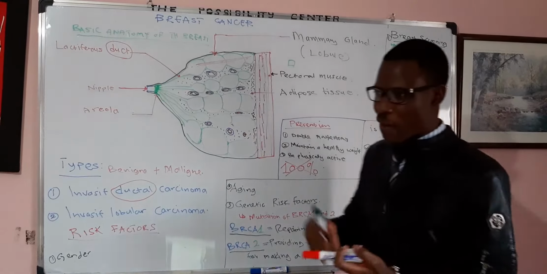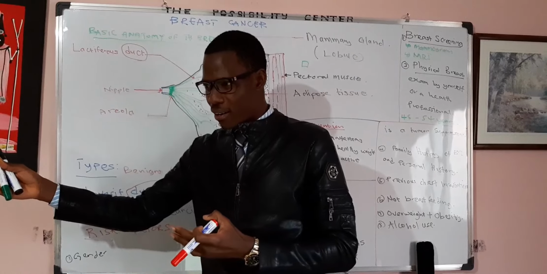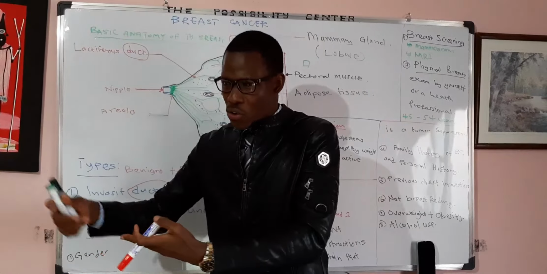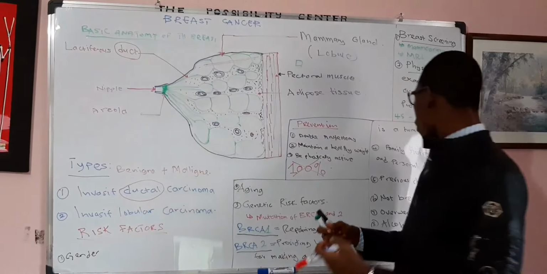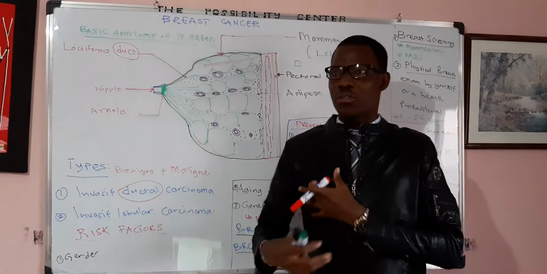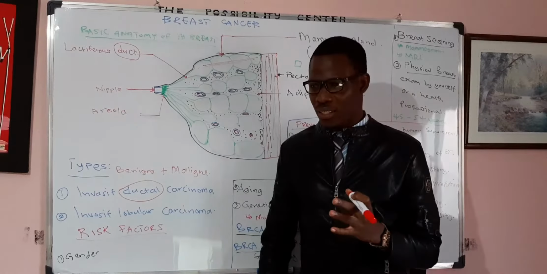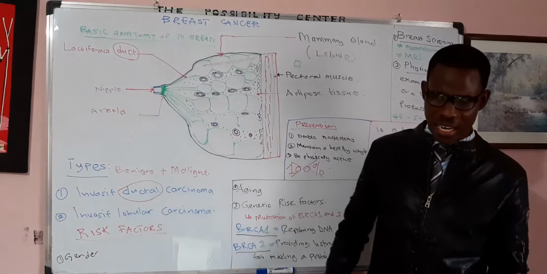That is, when your mother is affected with breast cancer, you also have a very high risk of getting the breast cancer. Or even you personally, in case you were treated for breast cancer in the past, there's also another risk of you getting another cancer again.